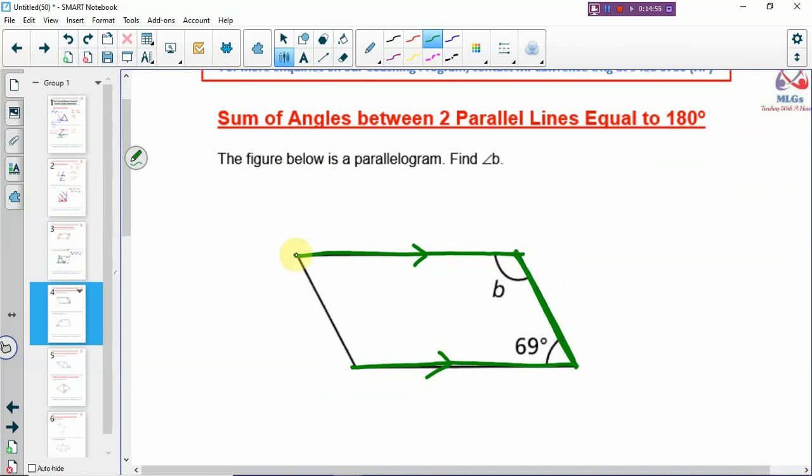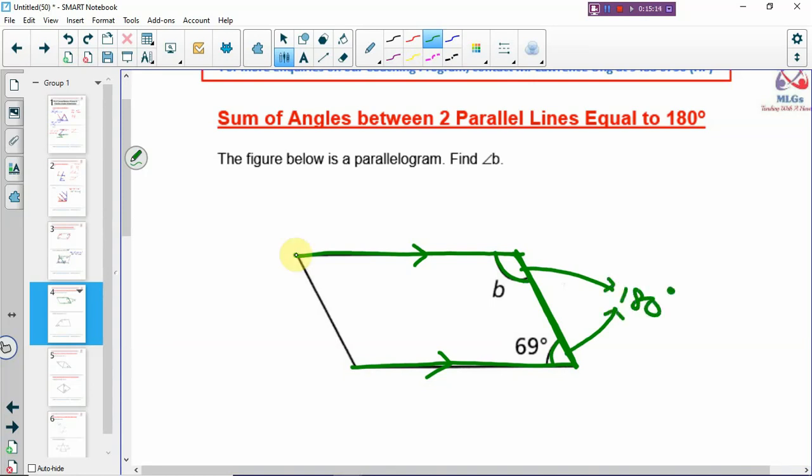So when you see two lines are parallel, the angles in between, angle B plus 69 degrees, must add together to equal 180.